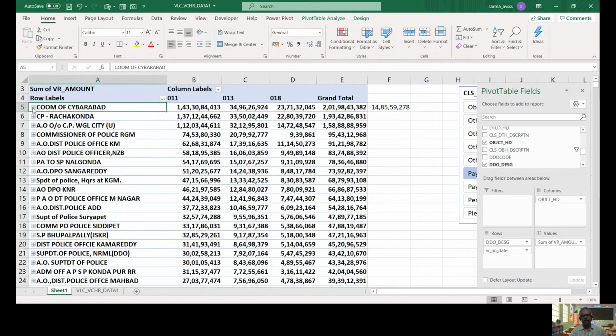Those things will come out, and we can put them in our audit observation or audit report. This is how we can analyze each DDO's expenditure patterns against each object head, and I'm pretty sure this type of analysis will help us draw various conclusions about those DDOs.